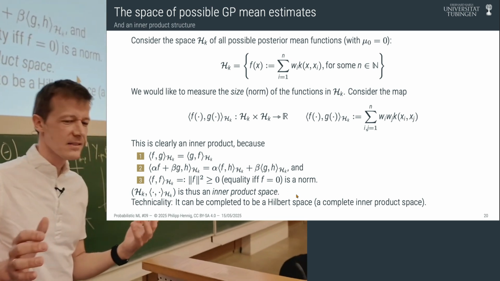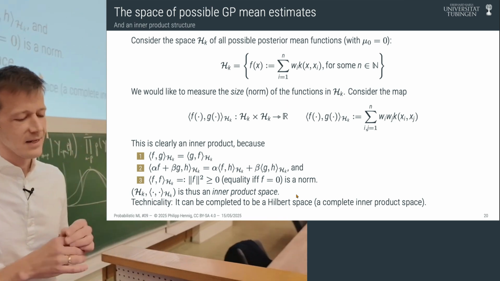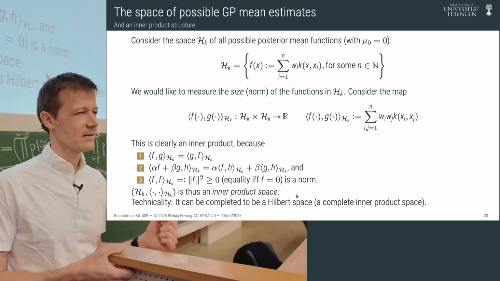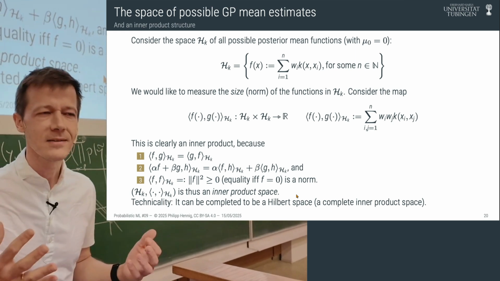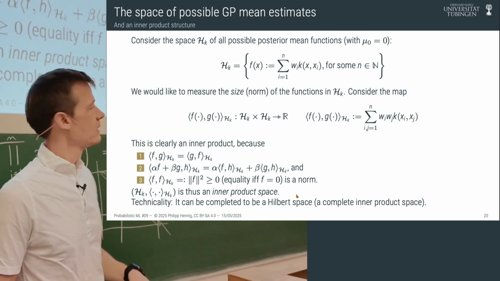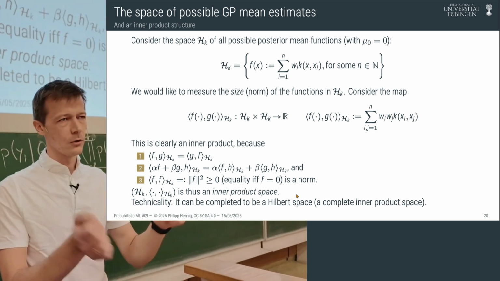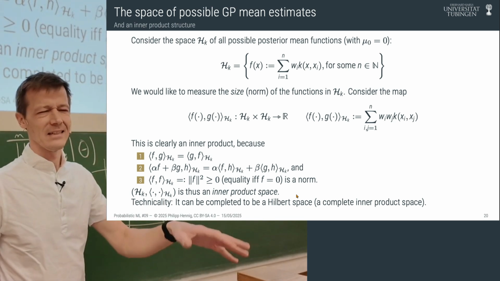Inner product spaces have a technicality that you may remember if you've had functional analysis. They're not quite all that interesting yet. They are sometimes called pre-Hilbert spaces. Maybe you've heard that term. To make them useful, we need to make sure that they are complete, so that all sequences in them converge. And that's a technicality. Just ignore it.